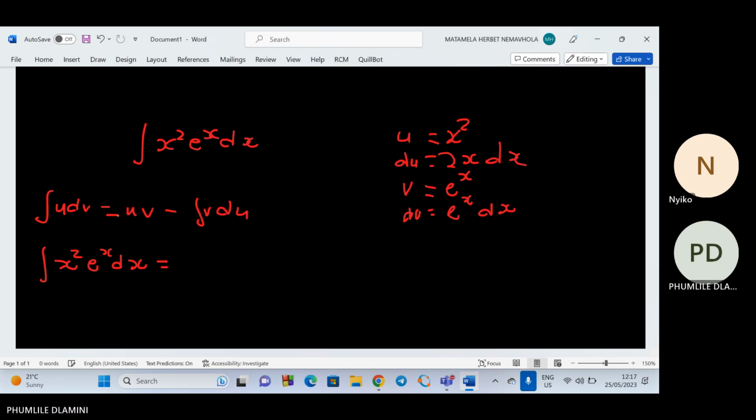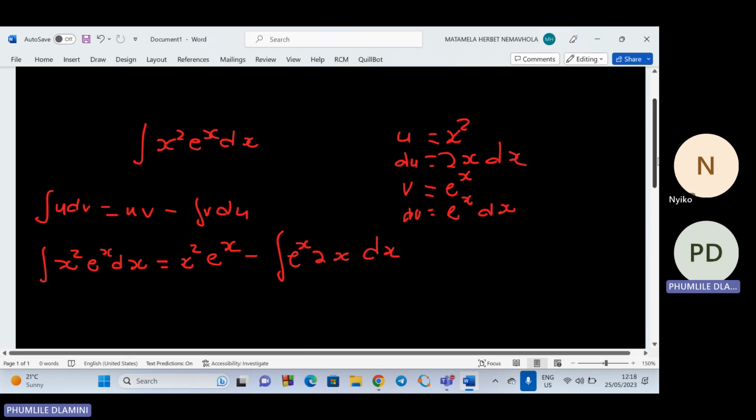So uv is going to be x squared e to the power x minus the integral of v, which is e to the power x, du, which is now 2x dx.